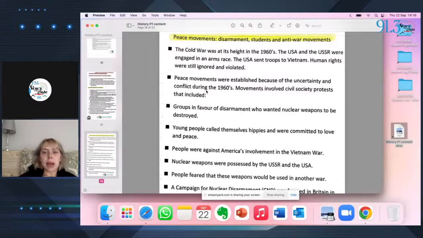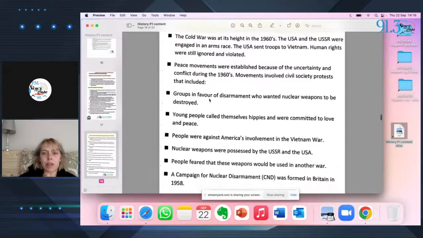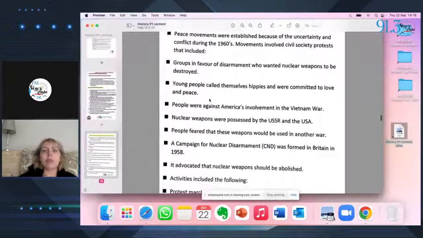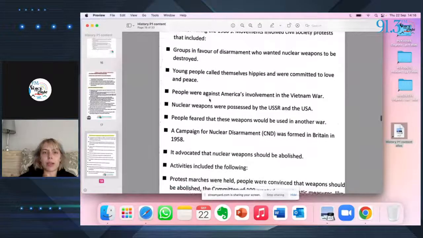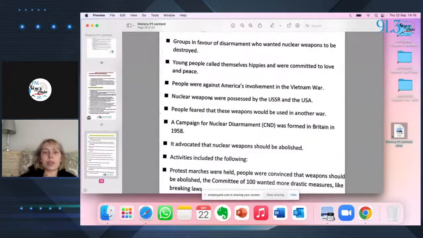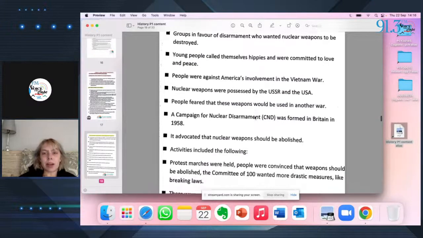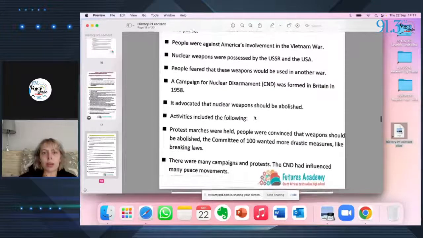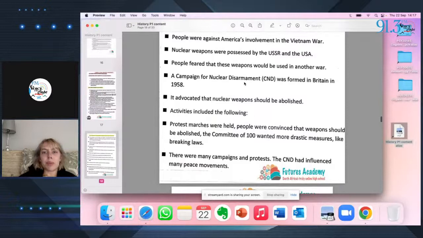Peace movements were established because of the uncertainty and conflict during the 1960s. Movements involved civil society protests that included groups in favor of nuclear disarmament who wanted nuclear weapons to be destroyed, young people who called themselves hippies and were committed to love and peace, people who were against America's involvement in the Vietnam War, and nuclear weapons were possessed both by the USSR and by the US.